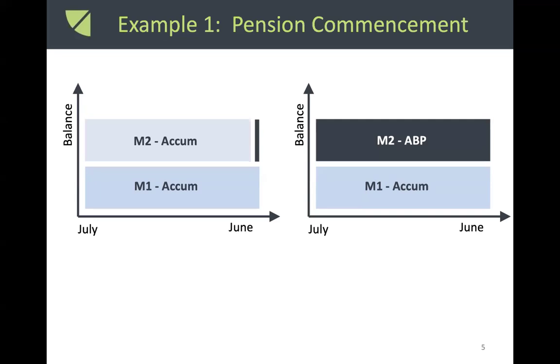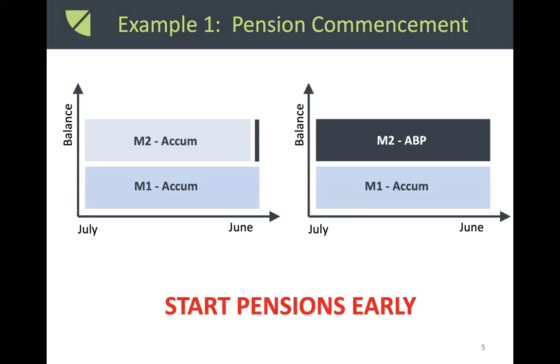So you can see there that M2 is going to be in a much better position in the second scenario on the right, because the dark blue makes up a larger proportion of the total. So what we take from this is that we should be starting the pension as early as possible in the year in order to maximize our ECPI percentage. So that's the conclusion from this example, is we should start pensions early.